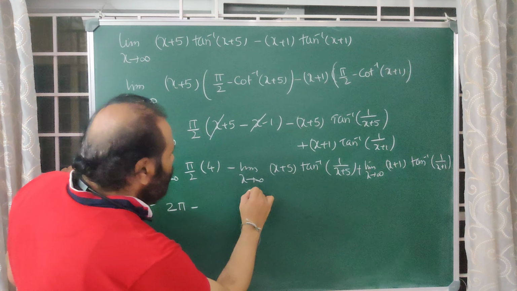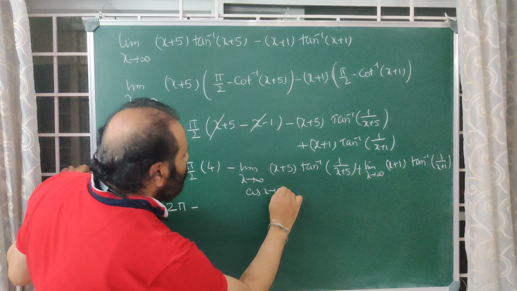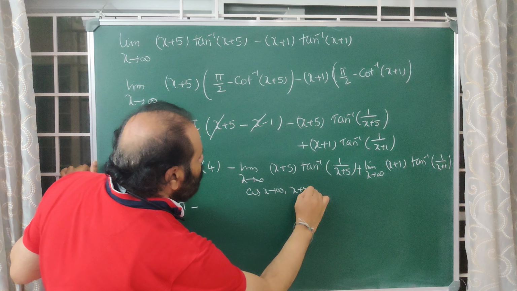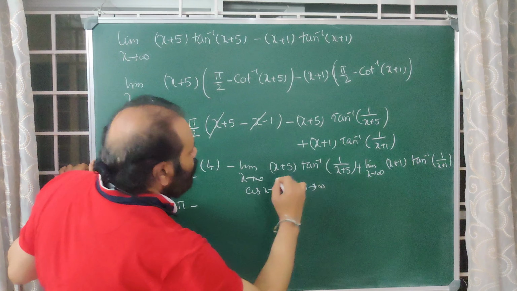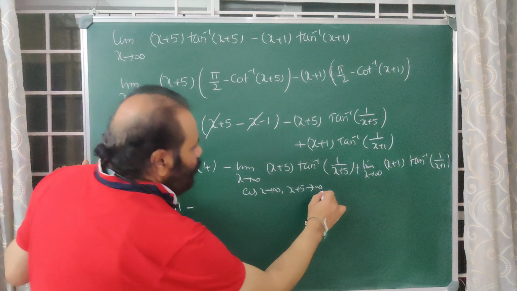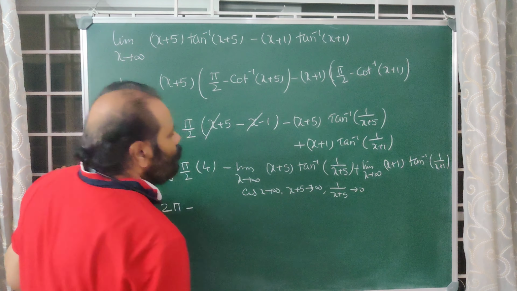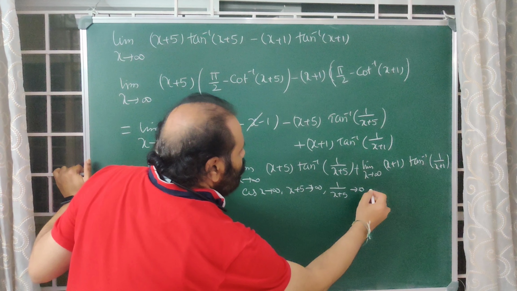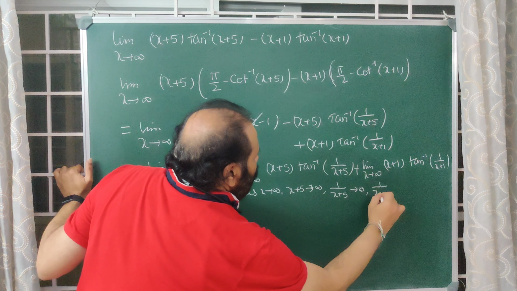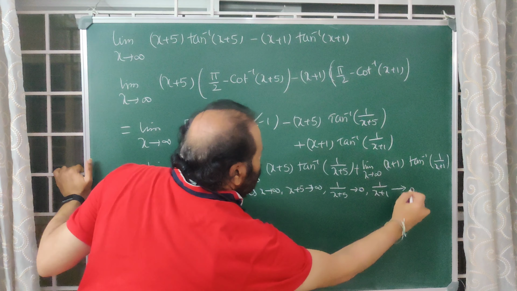Look here, as x is tending to infinity, x plus 5 is also tending to infinity. Hence 1 by (x plus 5) is tending to 0. In like manner, 1 by (x plus 1) is also tending to 0.